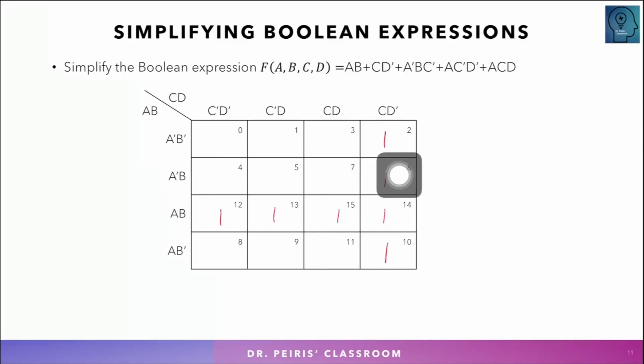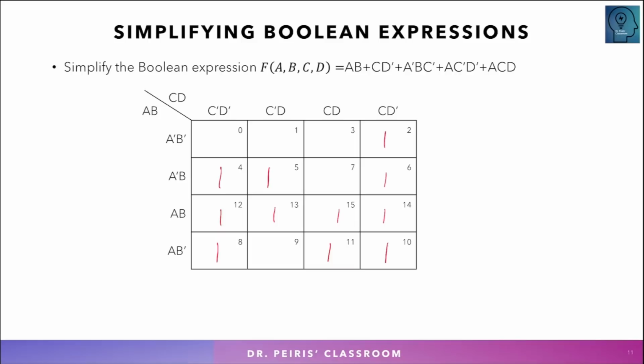Here is A prime B, we need C prime, which is here and here. Next one, AC prime D prime, so we first look for C prime D prime, this column. Then we need A, so it's here and here. The last one, ACD, here is CD and the A is here and here.